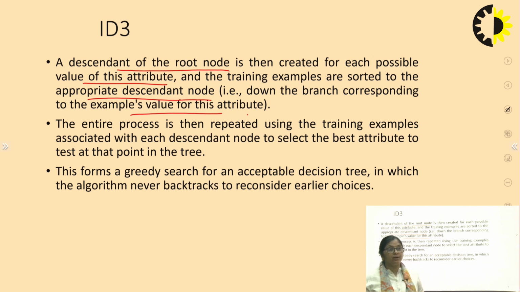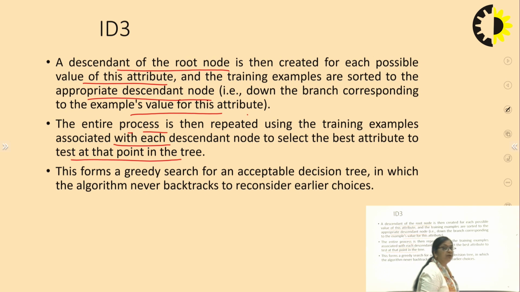In the same way, the other values were cloudy or rainy, so we will calculate the other values. We will take the examples in which the outlook has that particular value. The entire process is then repeated with the training examples associated with each descendant node, to select the best attribute to test at that point of the tree.